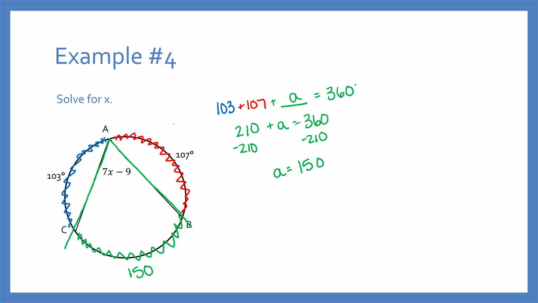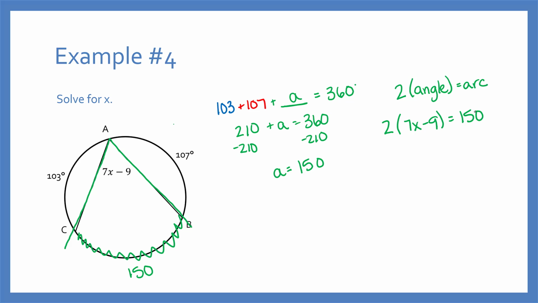Now we can focus just on my inscribed angle. Our angle, remember, 2 times the angle equals my arc. I'm going to go ahead and plug in the algebraic expression for the angle and the measure for the arc. My angle is 7x minus 9, and my arc is 150 degrees.